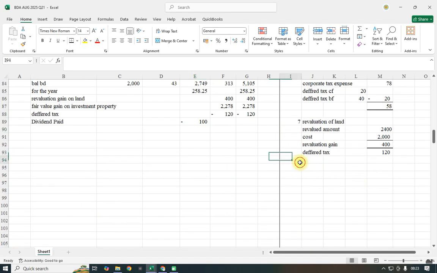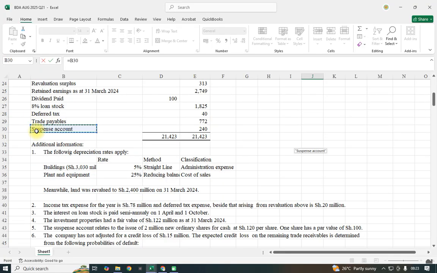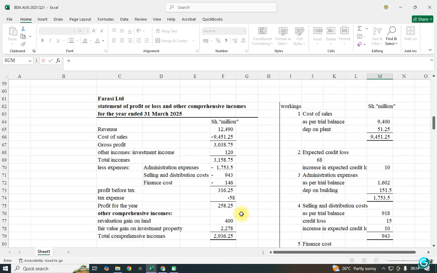When you look at the suspense account, we have issue of ordinary shares and share premium. Anything above the par value goes to the premium.